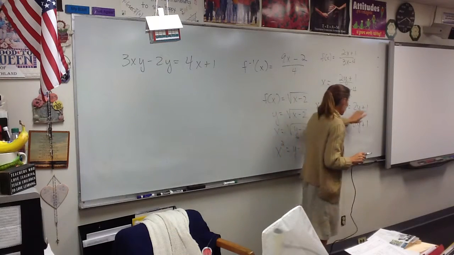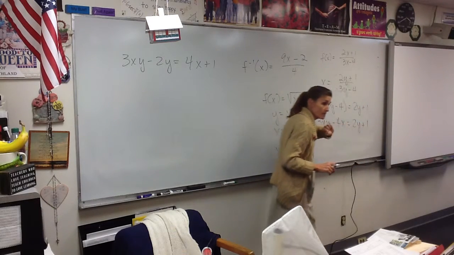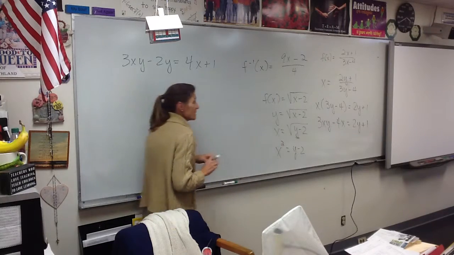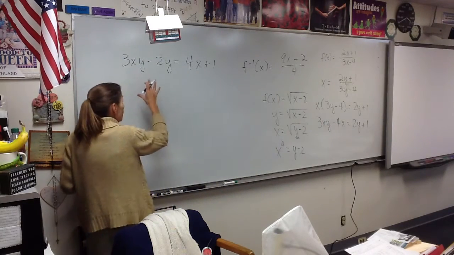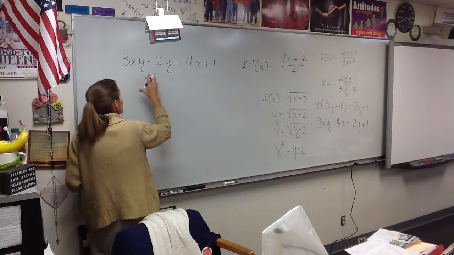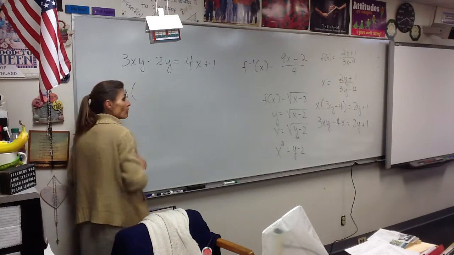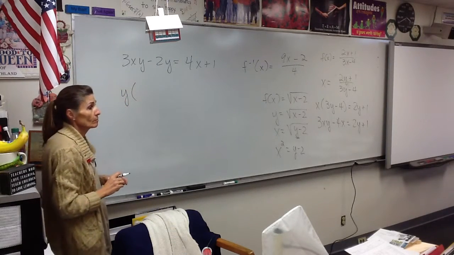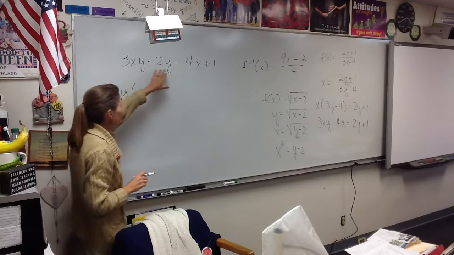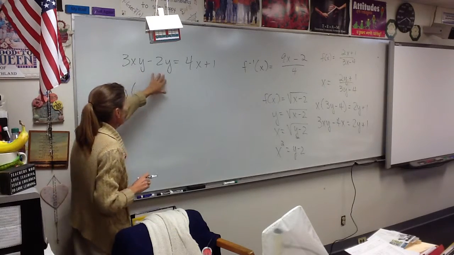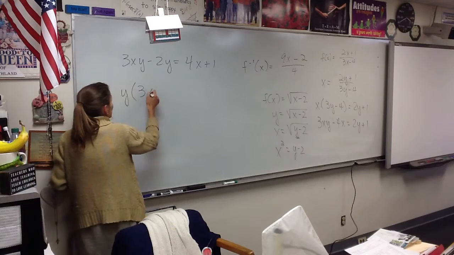If you don't have a y, you're going to the right. Now that I have all the y's on the same side, I'm going to factor out a y. So what will I have left in my parentheses if I pull out a y?